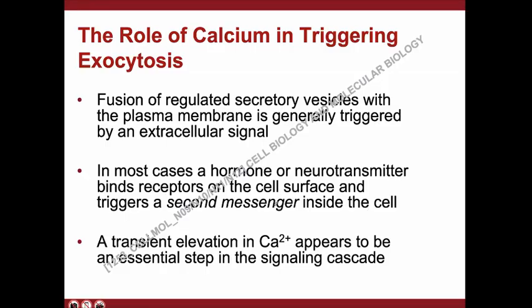Then you have a transient elevation in calcium, which we think to be an important step in the signaling cascade that leads to the activation of protein kinases whose target proteins are components of either the vesicle membrane or the plasma membrane. We will be encountering this more in our lesson on signal transduction, but you will see that calcium serves as a trigger for many downstream signaling mechanisms, which also involves exocytosis.